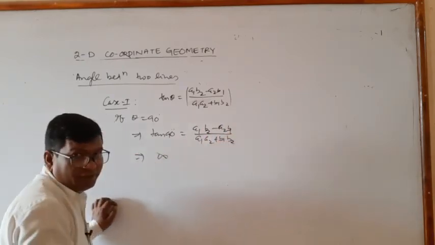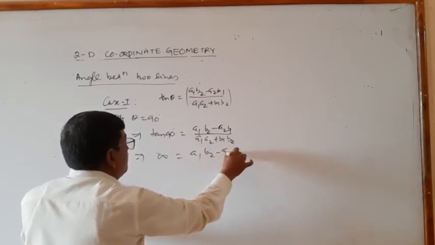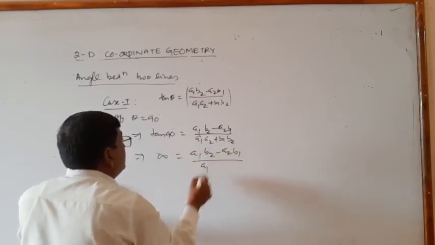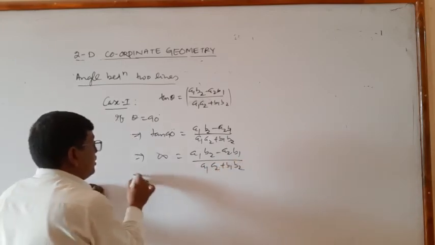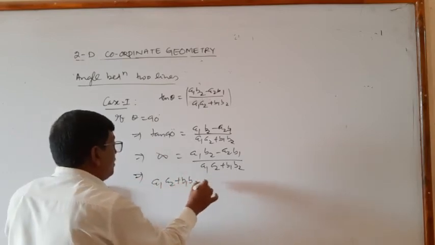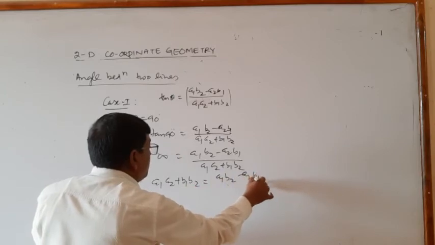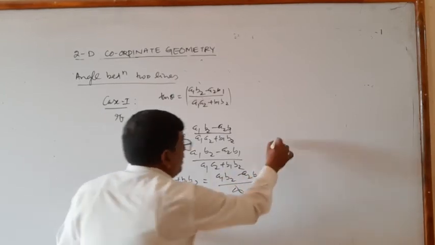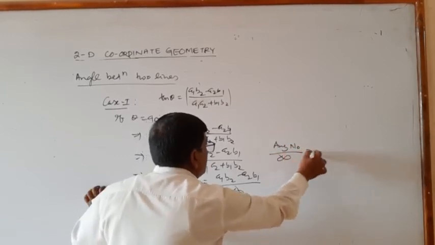Infinity. That is a1 b2 minus a2 b1 divided by a1 a2 plus b1 b2. So that implies a1 a2 plus b1 b2 is equal to a1 b2 minus a2 b1 by infinity. We know any number divided by infinity is equal to 0.